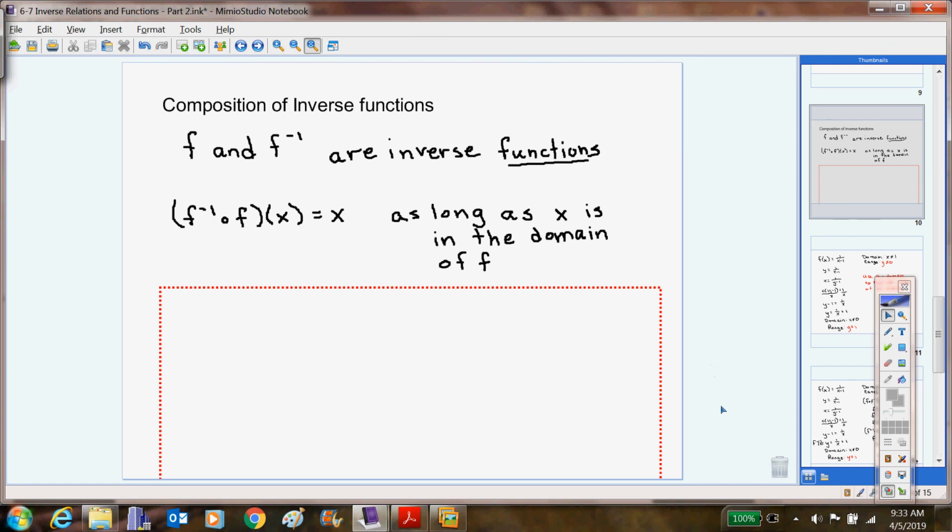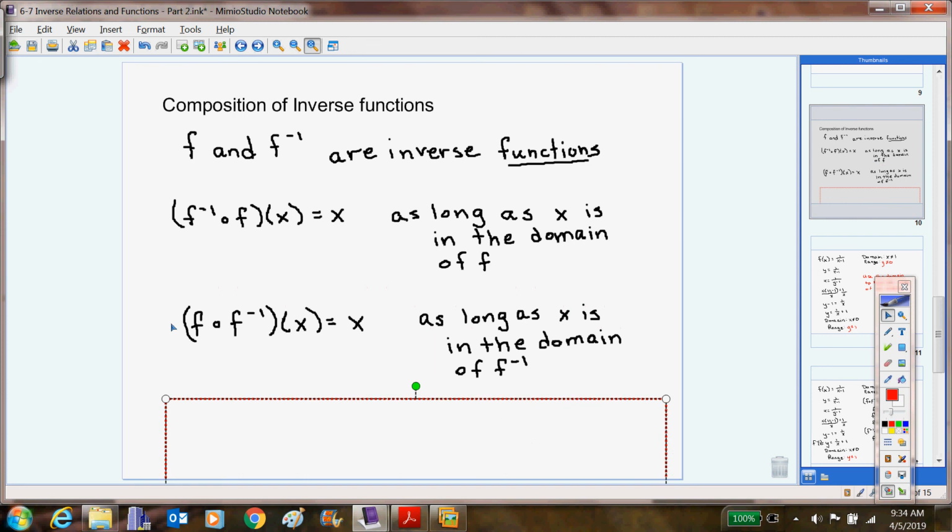You know how inverses, like adding undoes subtracting, and multiplying undoes dividing, these inverses work the same way. f inverse of f of x always just gives you x, no matter what the original function or the inverse comes out to be, as long as x is in the domain of f. So if you had a restriction, you might have a problem. But for the most part, you don't have to do any calculations or even know these functions in order to give the answer.